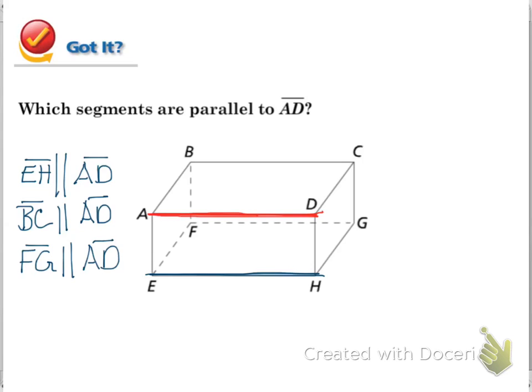And BC is also parallel to AD, which is right here. And FG is parallel to AD. And just as a reminder, whenever you have parallel lines, you need to show the arrows that these are parallel. That's what it looks like.